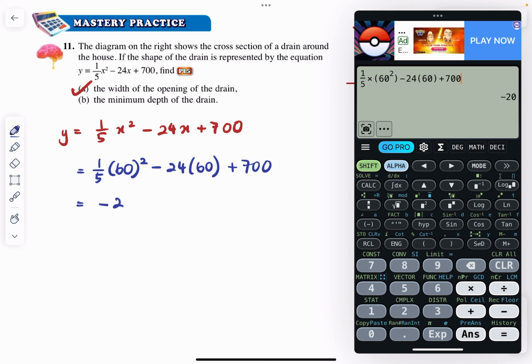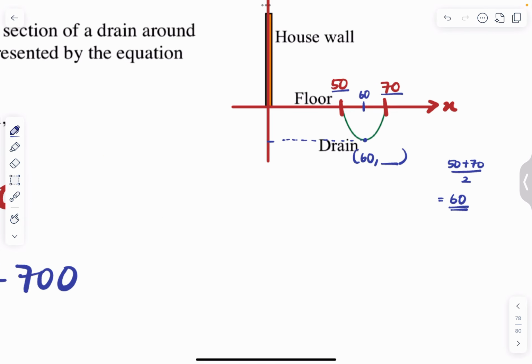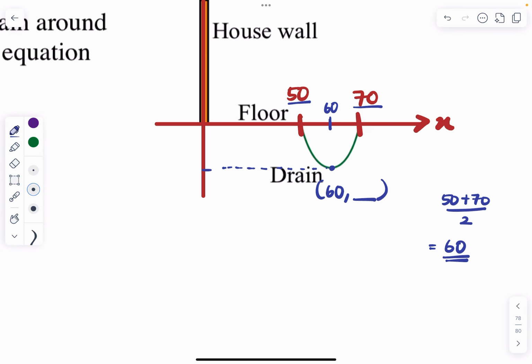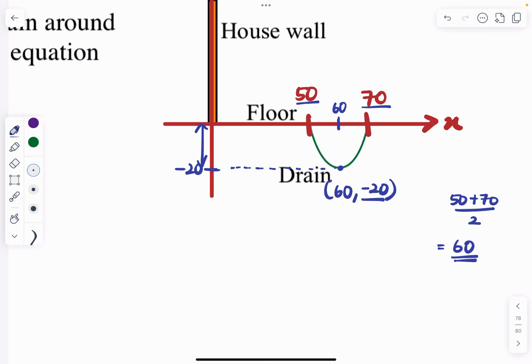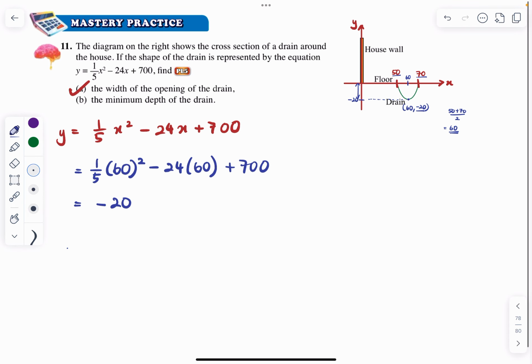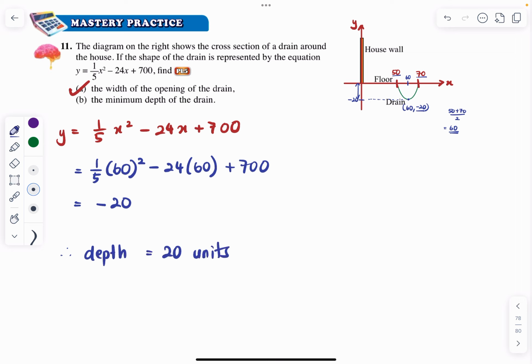Our y is negative 20. So here y is negative 20. Therefore our depth would be 20 units. So it's 20 units deep. And that's all. This will be our final answer. That's it. Done.